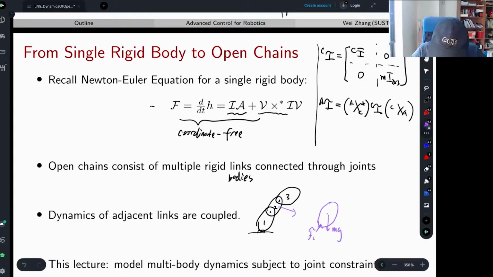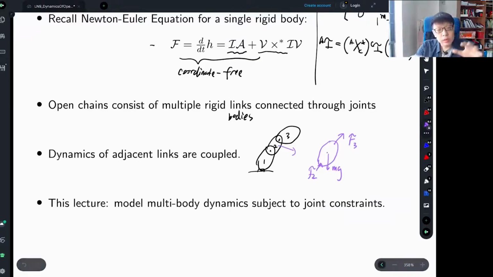And there's a force from 2 to 3, the force he applied to the next body. Let's call that F3. If you look at this figure, you can immediately write down the single rigid body dynamics for this body, right? So this body's motion is completely characterized by what? By external forces, and of course including gravity.